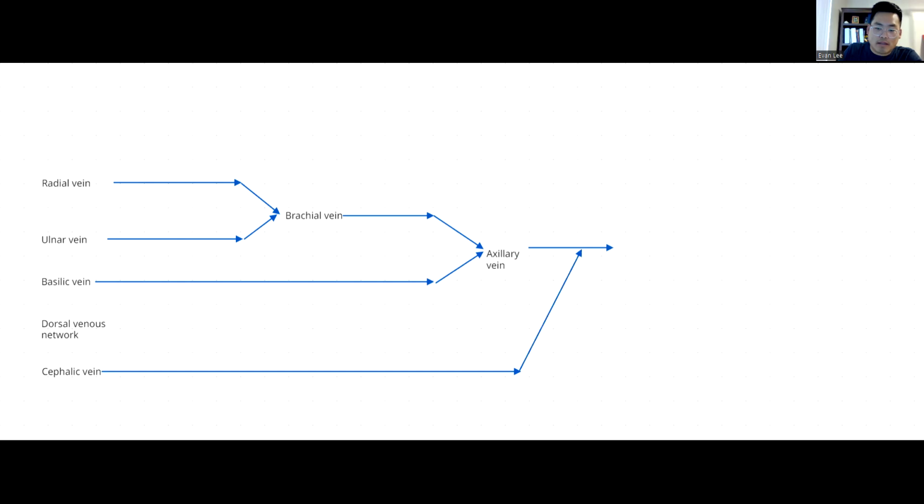But this is also where axillary vein will turn into subclavian vein. And then if you'd like to, I also like to add in certain landmarks. In this case, this landmark is going to tell me where it changes from axillary to subclavian. And that case would be first rib / clavicle.